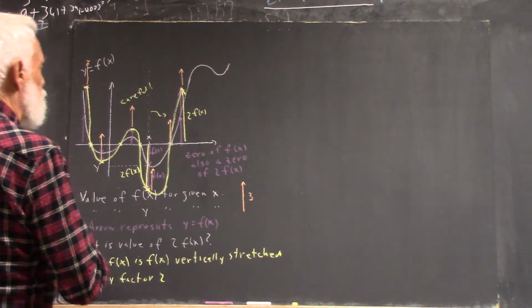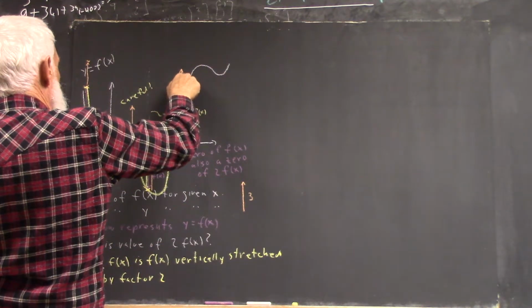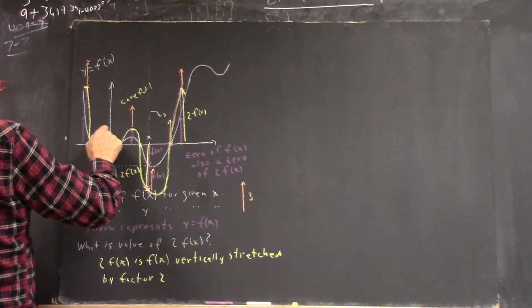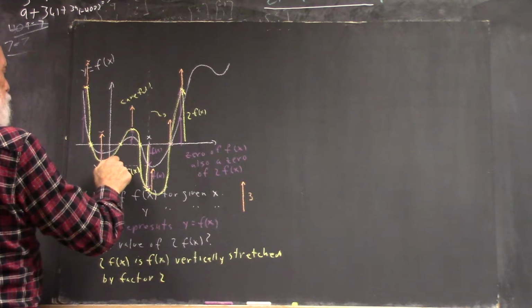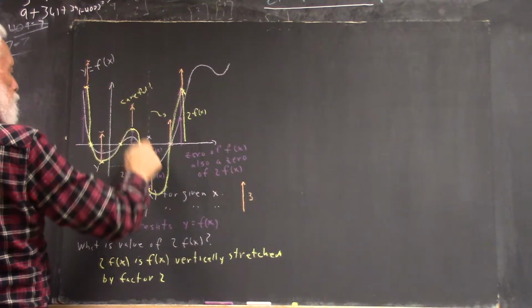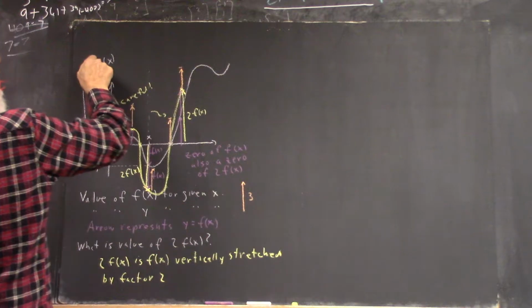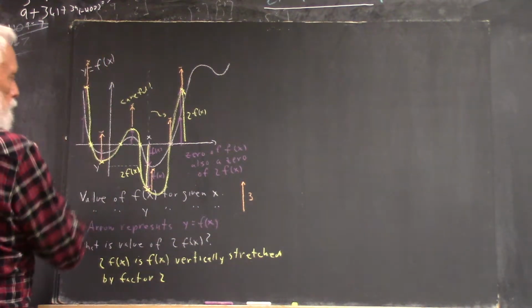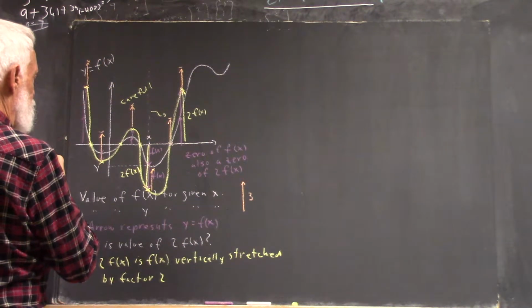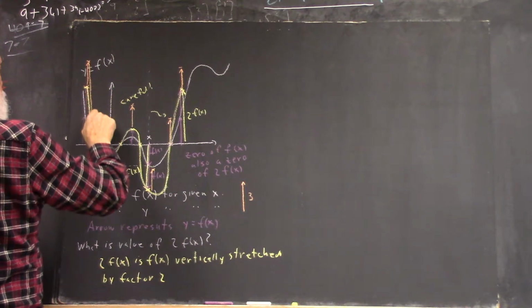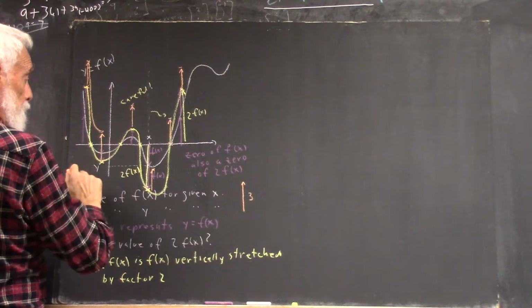So all these vectors are supposed to be the same length, and that length represents 3 units. That's going to give me a point here, a point here, a point here, a point down here, a point here, and a point up here. So I can look ahead to where I'm going. This is going to be my low point, so I come down to here, turn around and come up to here.